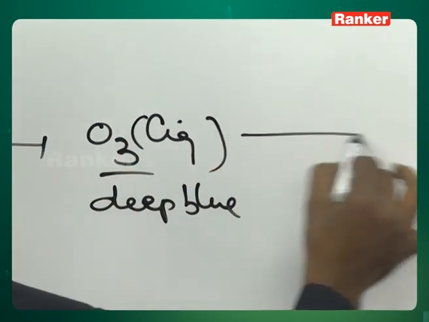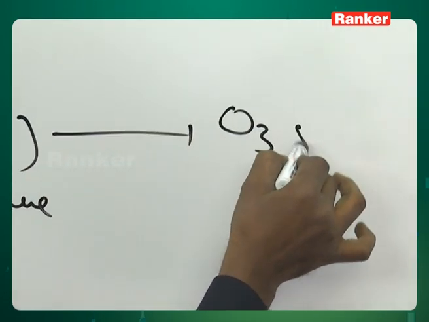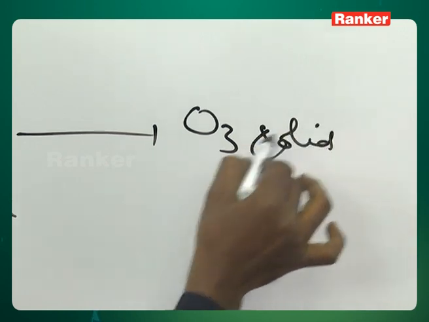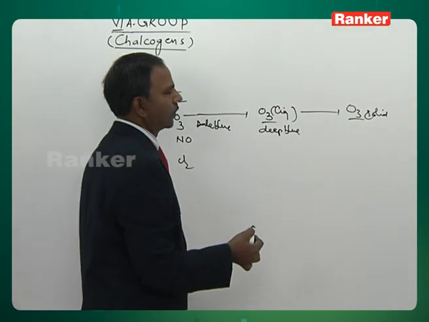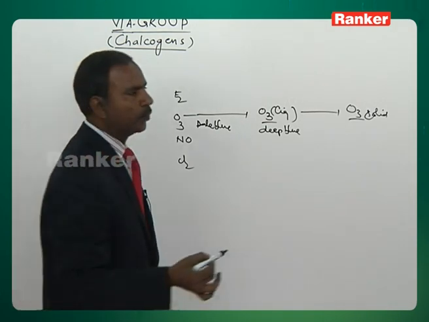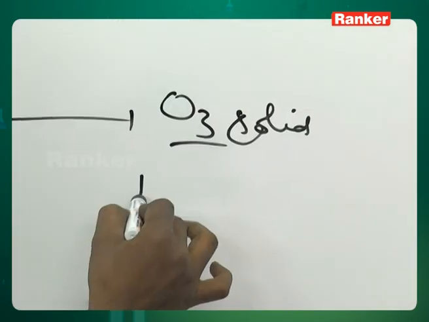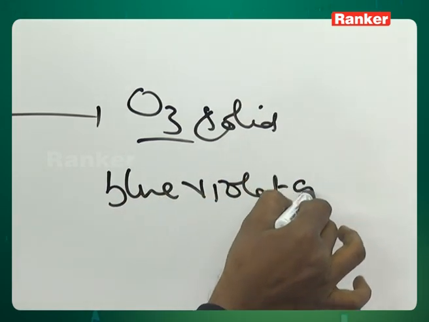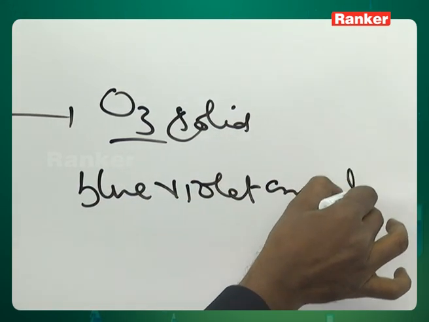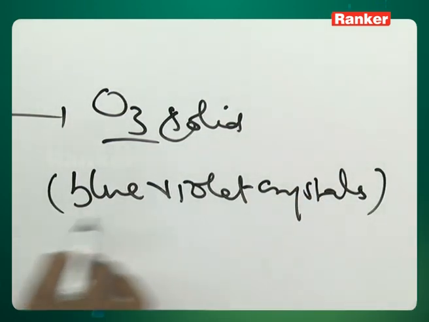When you solidify it, O3 solid will be blue violet crystals.